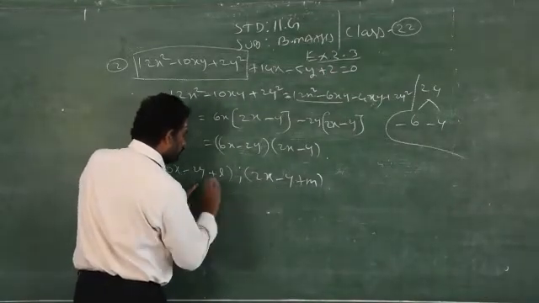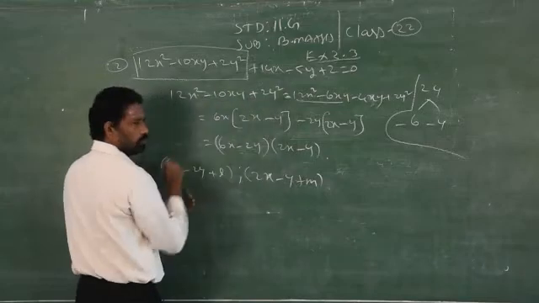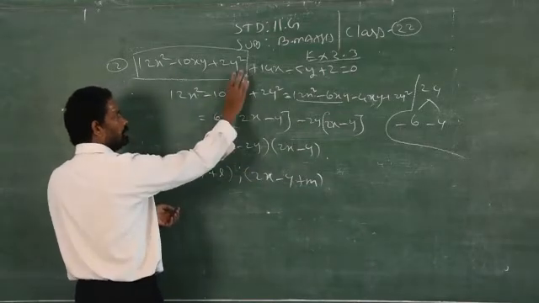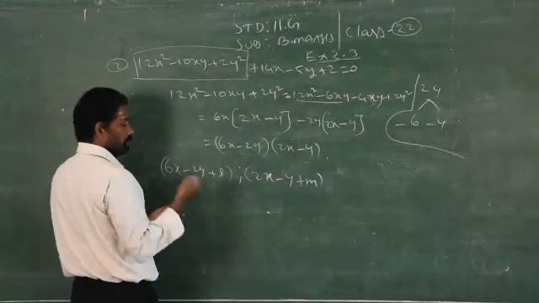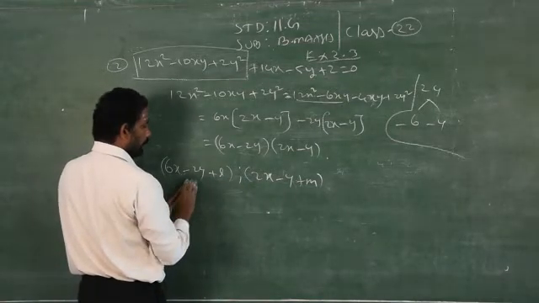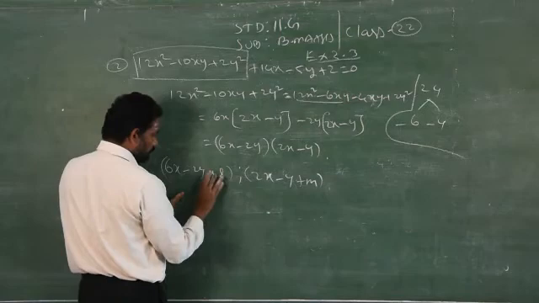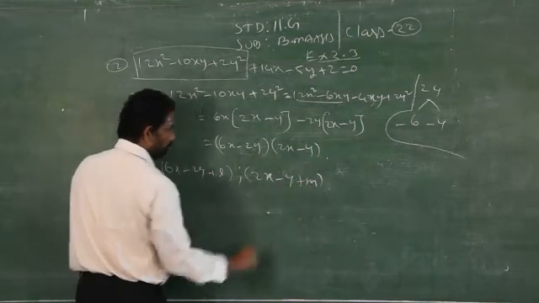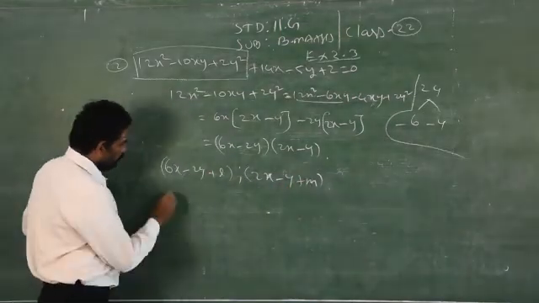This is a combination of 2 straight lines, called a pair of straight lines. I proved already this is a pair of straight lines by using the conditions. Now I have to multiply it. I have to check what is the value of L and M.